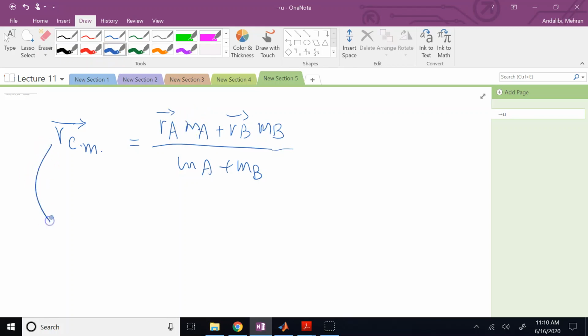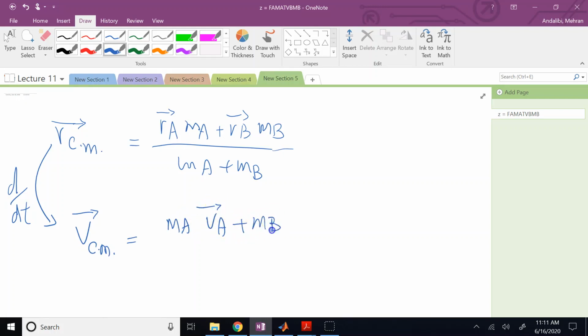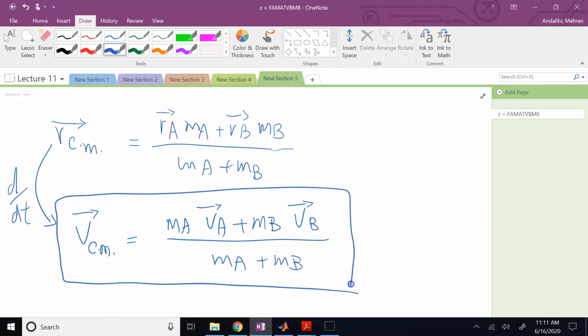And if you take a time derivative from this, what would you get? You get the velocity of the centroid equal to (Ma Va + Mb Vb) divided by (Ma + Mb), because the masses are constant, at least we assume so here. That's the velocity of the centroid.